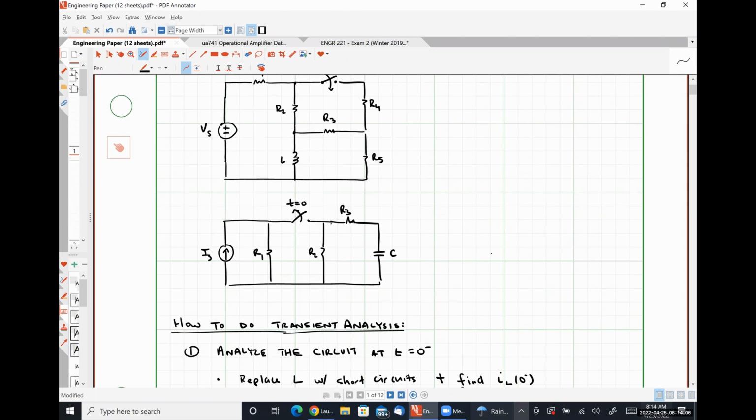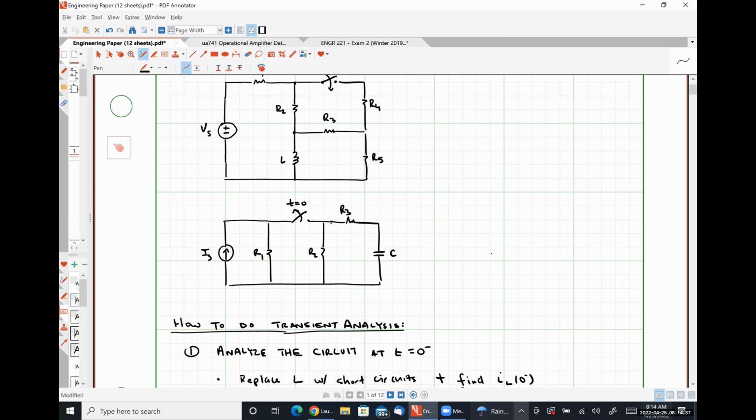For the bottom circuit, a long time after the switch is opened, the current source is incapable of influencing the behavior of the capacitor. So effectively, if you disconnect your independent sources from your energy storage element, you don't need to analyze at infinity. If there is any independent source still connected after the switch changes state, you do have to analyze at infinity.